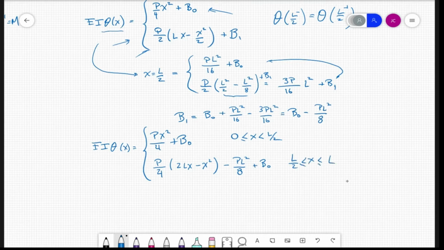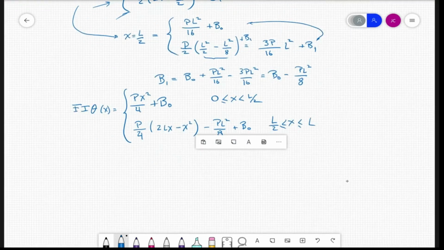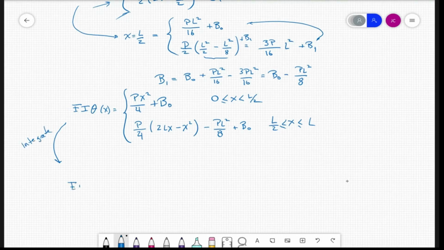Okay? All right. So now to get the deflection curve, we're going to integrate this again. And then when we do that, right, we get EI times the deflection. And what do we get? Take the antiderivatives of this. I get P x cubed over 12 plus b0 times x plus c0, okay?